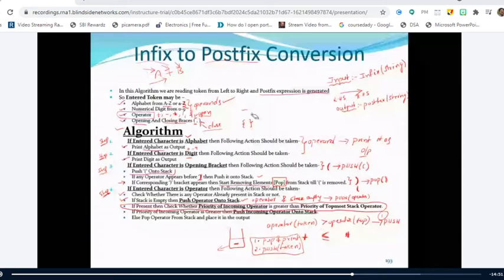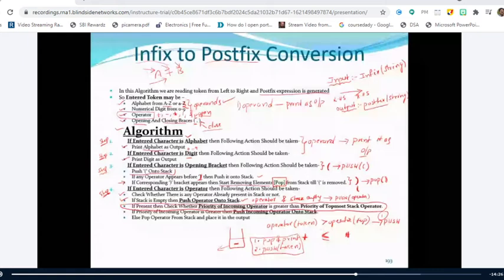Now tell me, we have three things. One is the operand. What action do you have to perform when you come across an operand? Printing the operand. Super. You have to print it as output. What is the output here? It is nothing but the postfix expression. So when you come across an operand, you just place it in the postfix expression string.